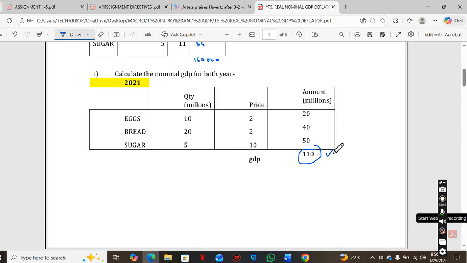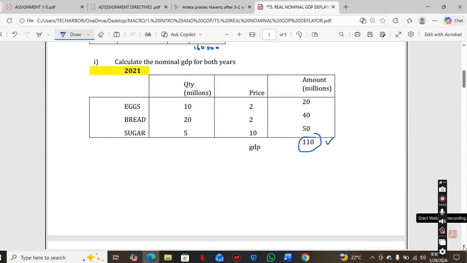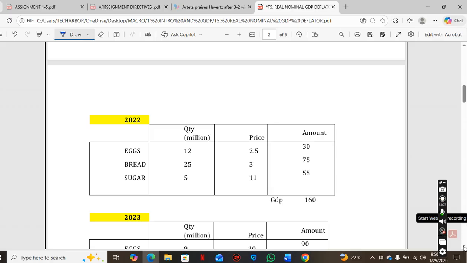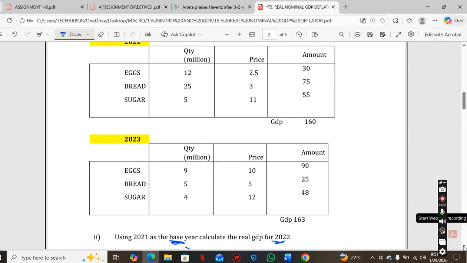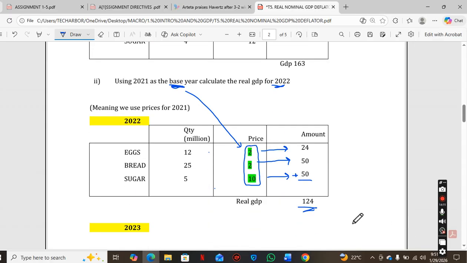Since it's our base year, the real and the nominal GDP are going to be the same. So the real GDP for 2021 is 110. Then for 2022, our real GDP is 124.